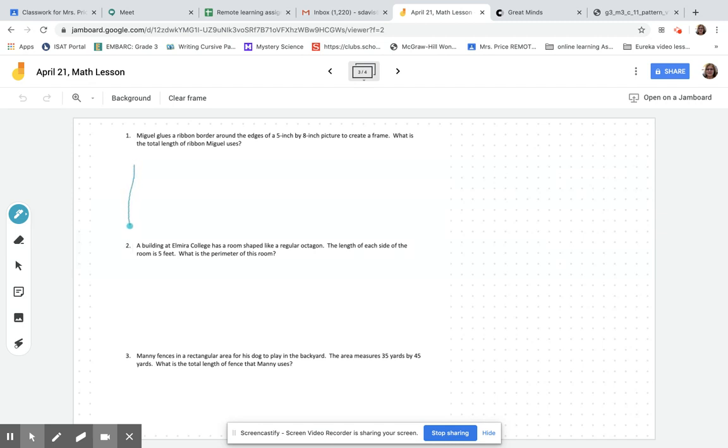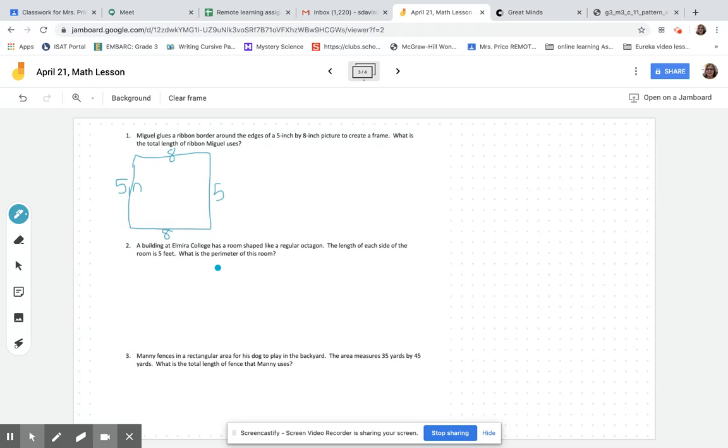We know that it's 5 inches by 8 inches. Let's label all of it, 5 by 8. This is in inches, and we only have to label one of them, but we know the whole thing's in inches. Then you're going to figure out the perimeter of this frame.